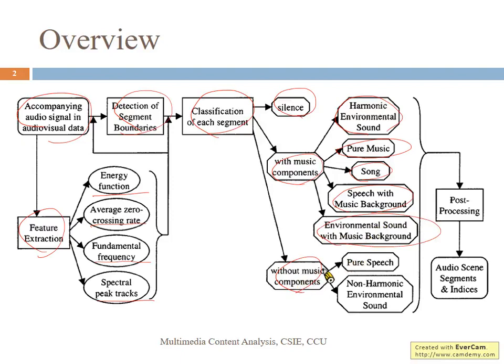For audio segments without music component, they will classify them into pure speech or non-harmonic environmental sound. And then after some post-processing, they get the audio scene segment or index.